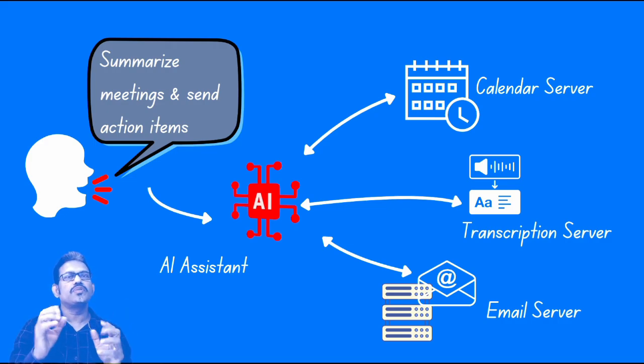This is part of the host, and then the MCP server, for respective capabilities, performs the task like reading information from the calendar server and transcription server, getting it analyzed by the LLM, and getting the formatted final response from the LLM to send the email with action items to respective team members.